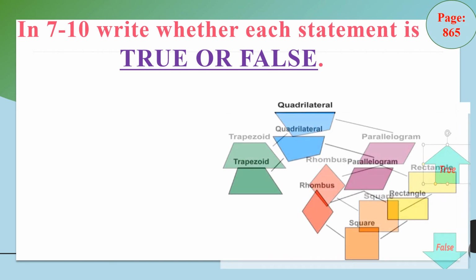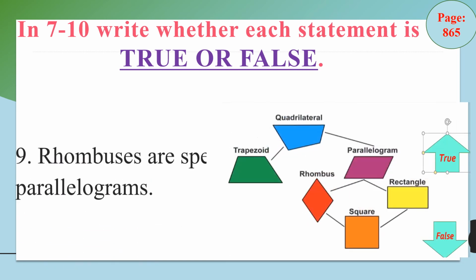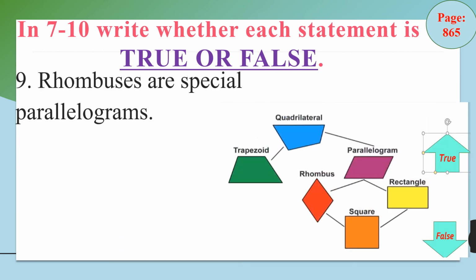Now let's solve the next question. Question number 9. Rhombuses are special parallelograms. Now see the relationship between rhombus and parallelogram. Are we moving upwards or downwards? Upwards. So will it be true or false? Yes, you're right.